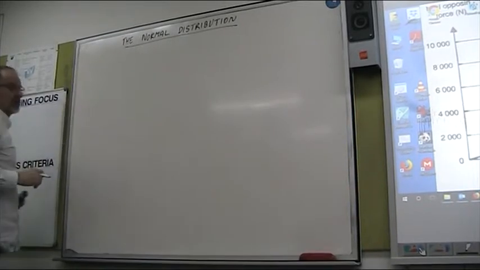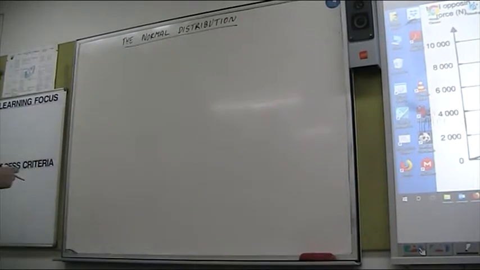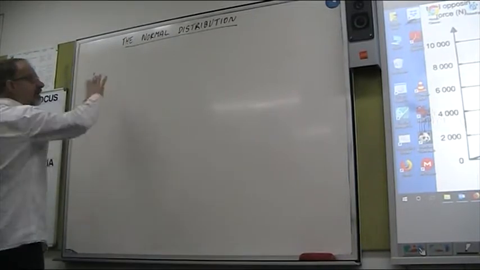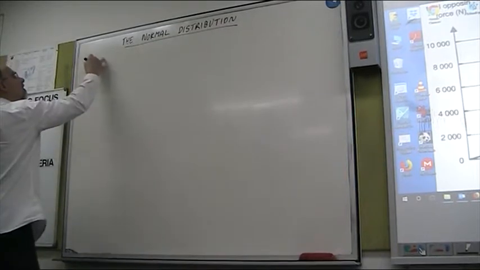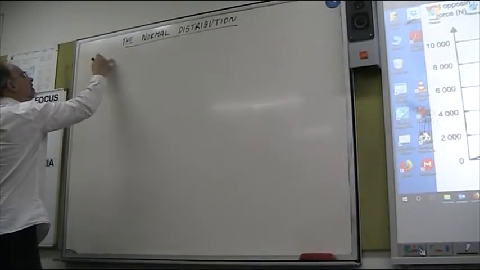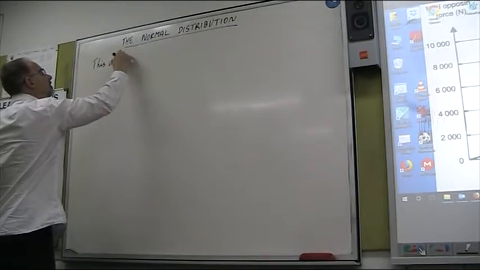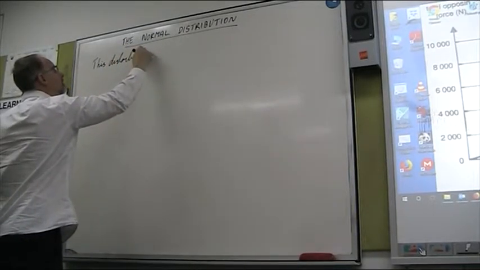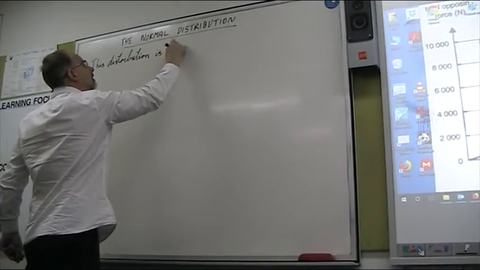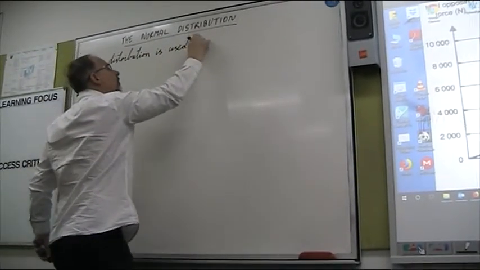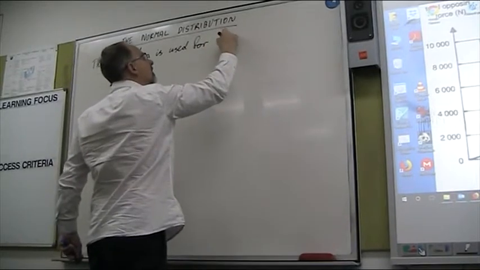So things like ATAR scores, where there's a large amount of students involved, the normal distribution is used to sort it out. Used for continuous random variables.